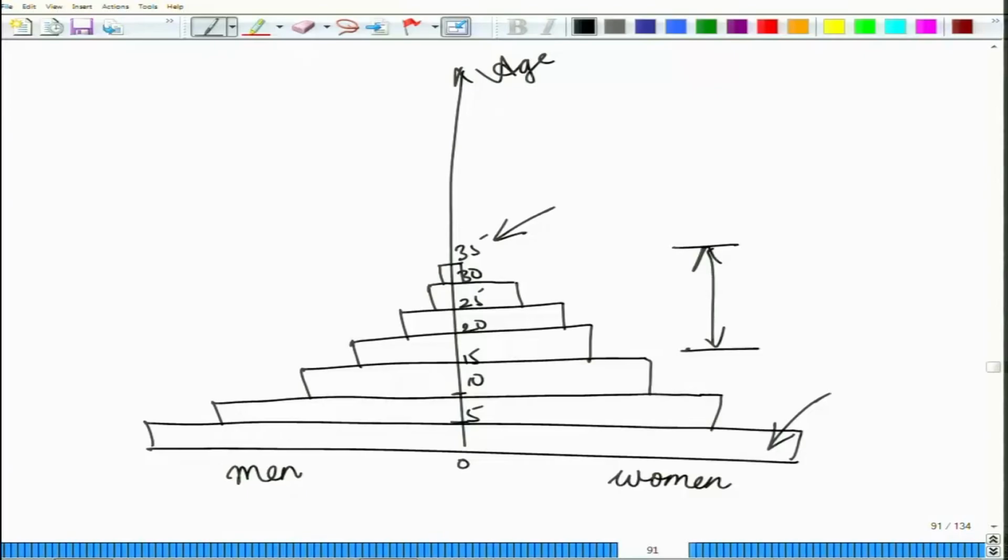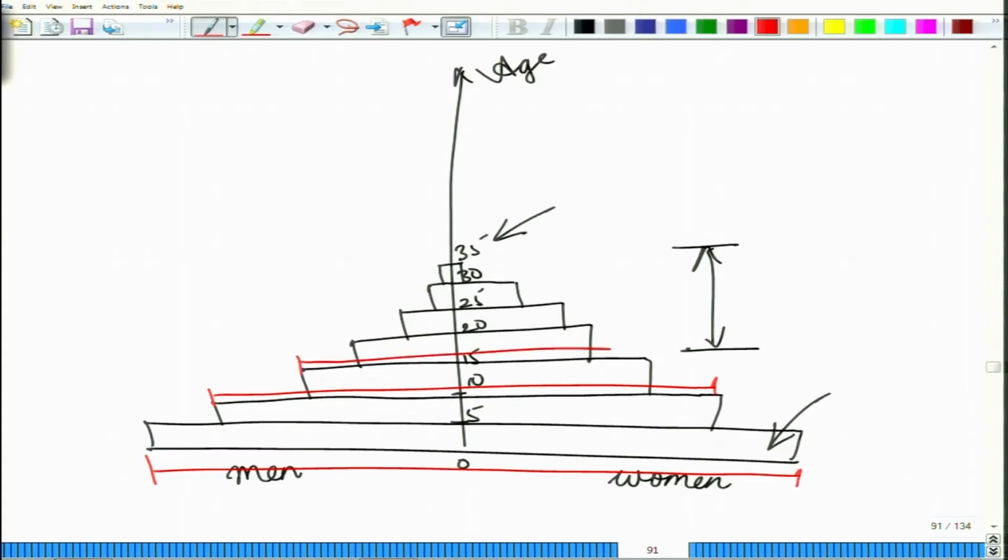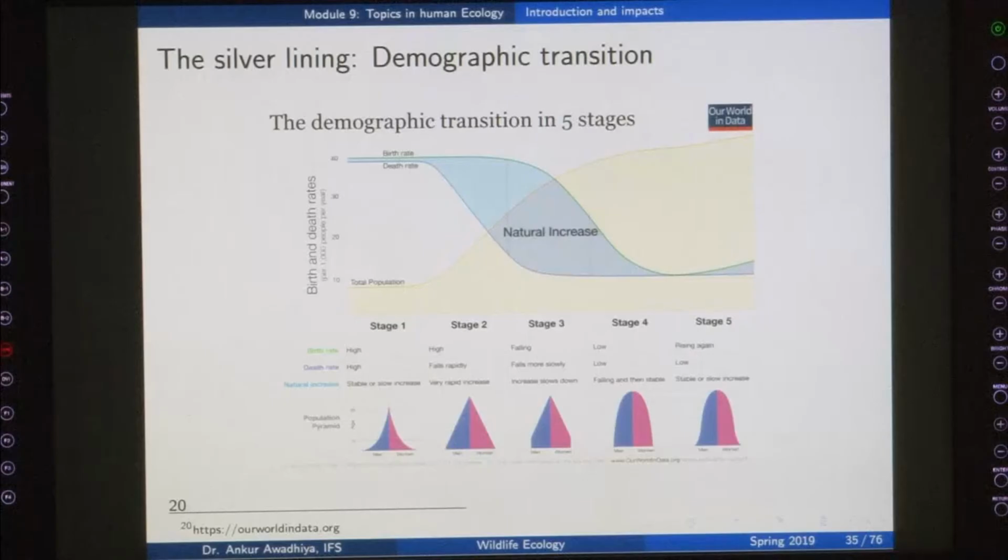It has a high death rate because if you look at any particular rung, here we have so many children, but out of these children only these many are able to reach the next rung, and then only these many are able to reach the next step of the ladder.